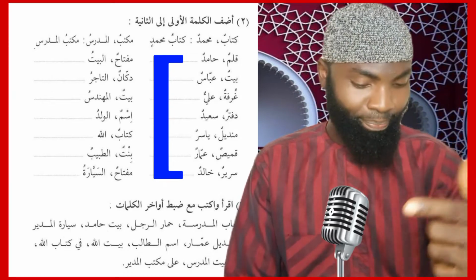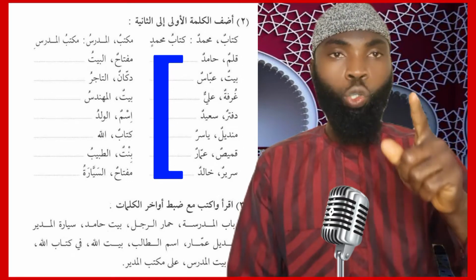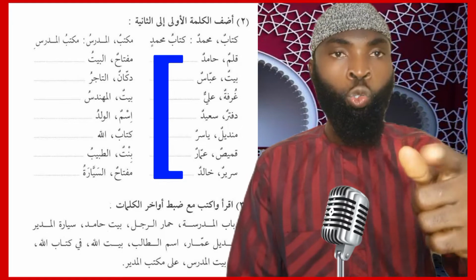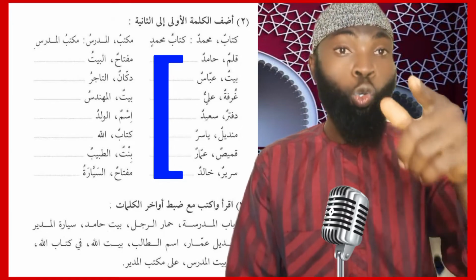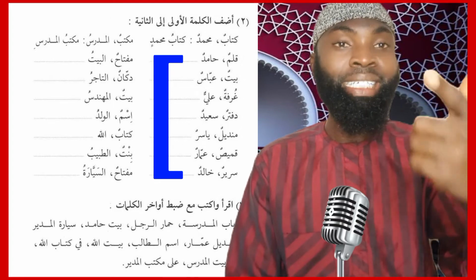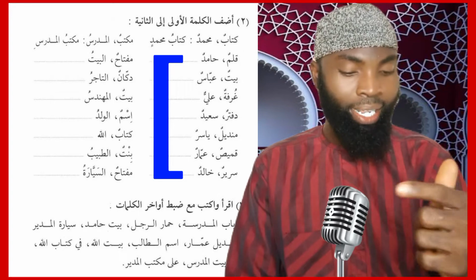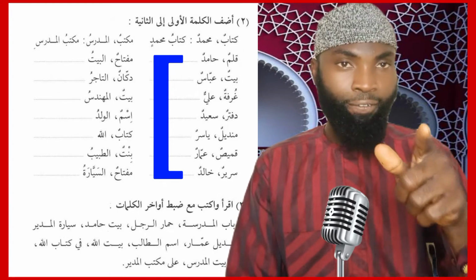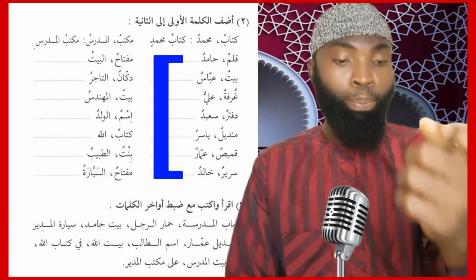Baytu Abbasin. We have Ghurfatun, then we have Aliyun. So what do we say? Ghurfatu Aliyin, Ali's room. Then we have Daftarun, then Sa'idun. Daftaru Sa'idin, Sa'id's notebook.